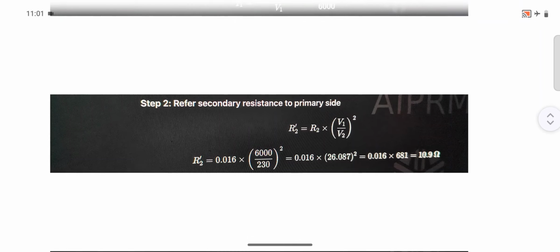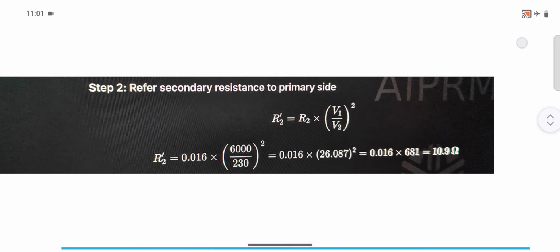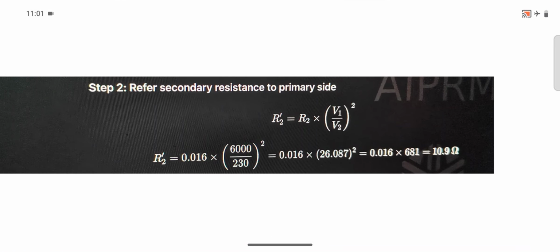Now secondary resistance to primary side, how we will calculate? So there is a formula for it. Using this formula we will calculate secondary resistance to primary side.